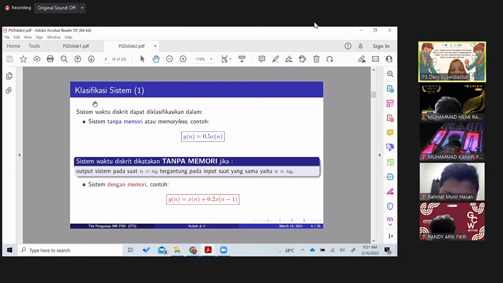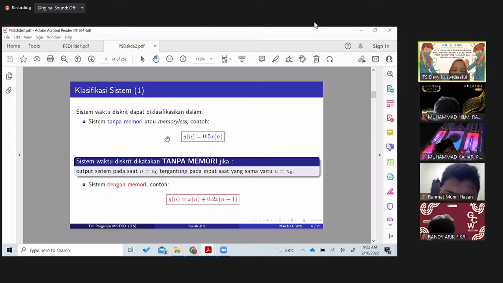For the first one, it depends on the memory of the system. What I mean is, if the system doesn't need memory, doesn't need shift register memories, like I think I mentioned that also last week, the system is called memoryless.